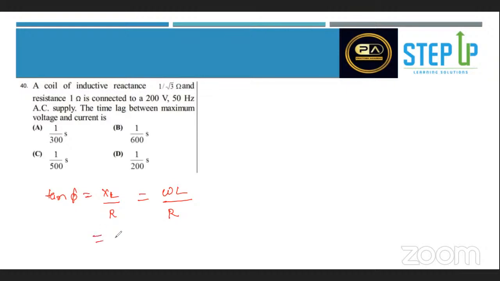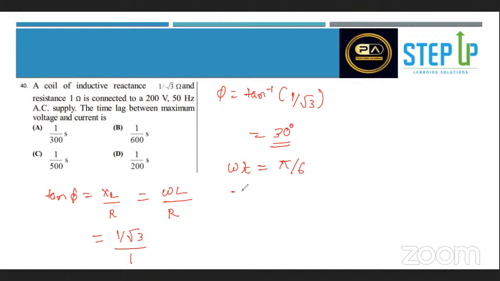I can directly substitute that, which is 1 by root 3. Resistance is equal to 1. So from here I can write that phi is equal to tan inverse 1 by root 3. Tan inverse of 1 by root 3 is 30 degree. So you got this as 30 degree. Now I can write that omega t is equal to 30 degree. The phase difference phi is equal to 30 degree, which in terms of radian I can write as pi by 6.